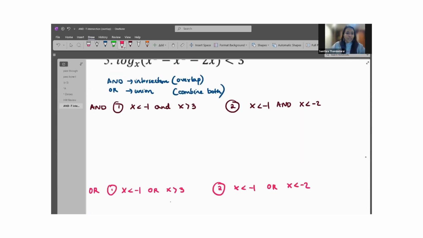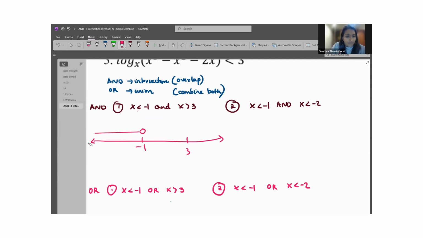So suppose, for an and inequality example, we have x is less than -1 and x is greater than 3. I'm going to graph that on a number line really quick. I'm going to put -1 here and 3 here. x is less than -1 means that is going this direction.